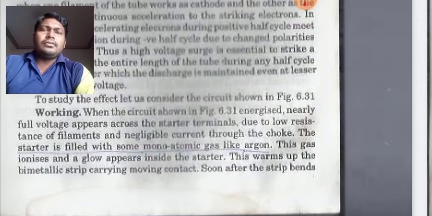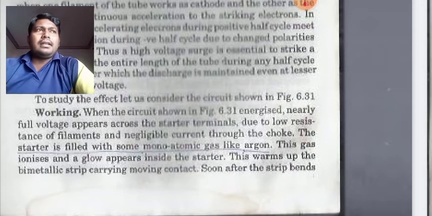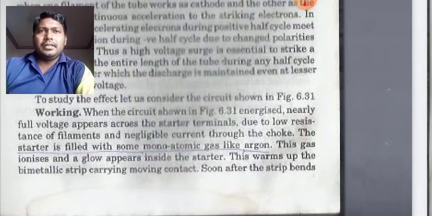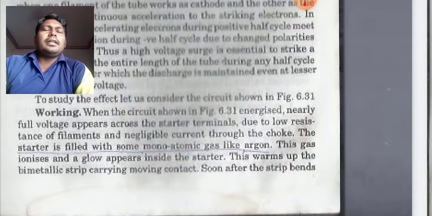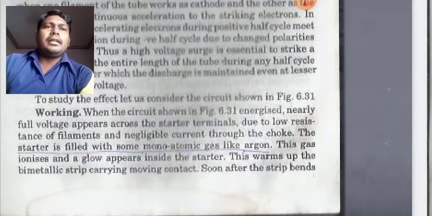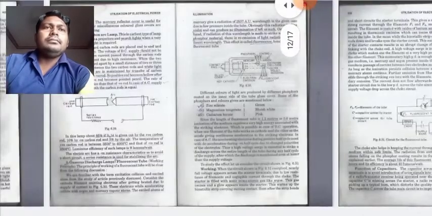You might have also observed while switching on any fluorescent tube that the starter shows some glow light when it is operating during the starting period. This warms up the bimetallic strip carrying the moving contact. Soon after, the metal bends.